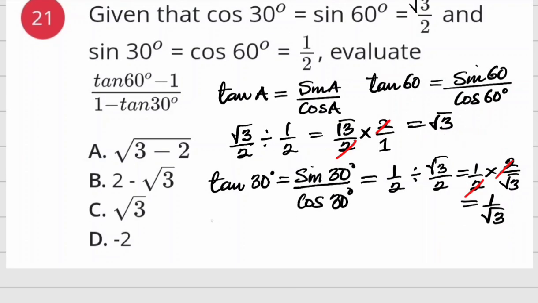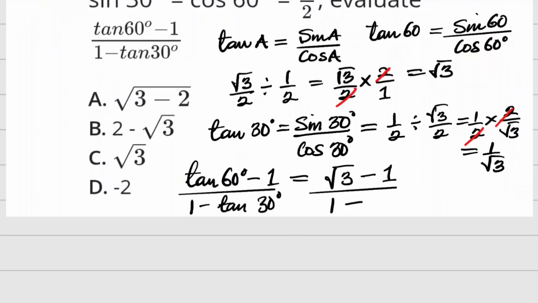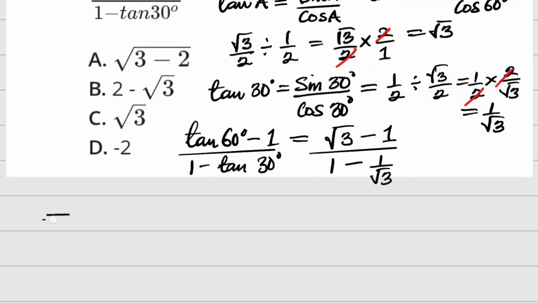So tan 60 minus 1 will now be root 3 minus 1, all over 1 minus tan 30, which is 1 minus 1 over root 3. You must ensure we simplify it to have a well simplified answer.